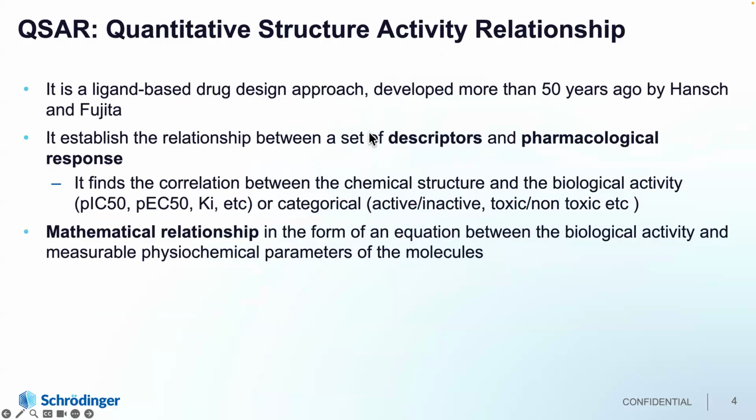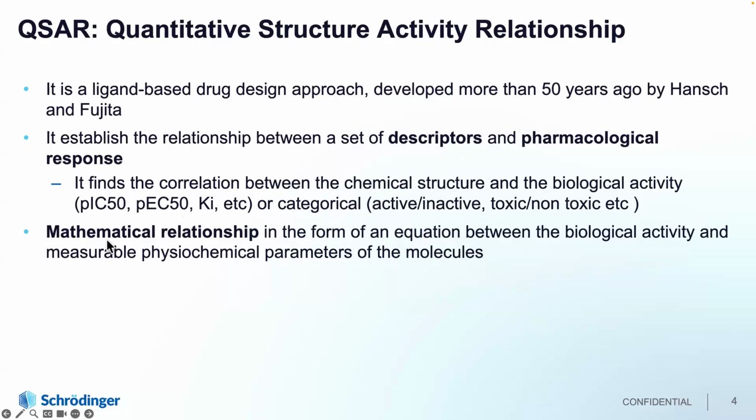How it connects, we're going to see. The response is nothing but any kind of activity like pIC50 or EC50, Ki, Kd, all numerical, or it can be categorical: active, inactive, toxic, non-toxic. All those categorical responses you can also have.